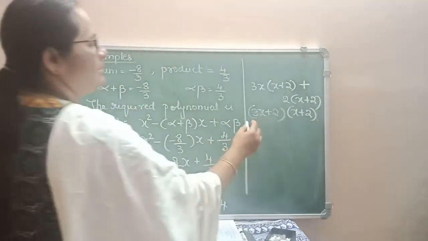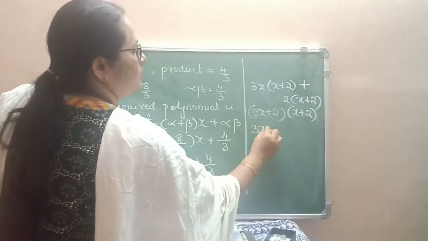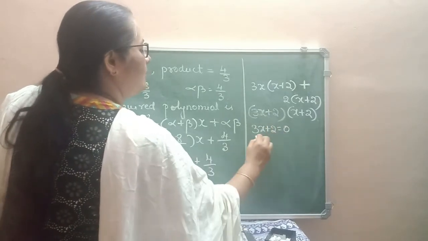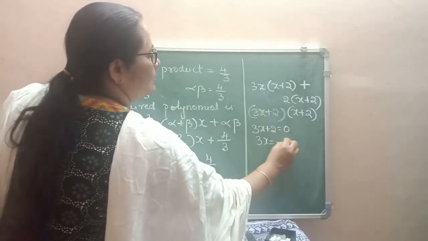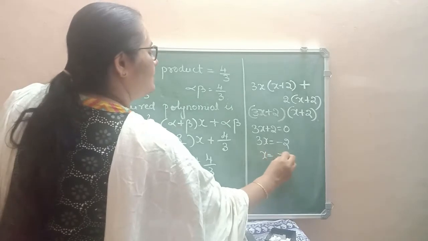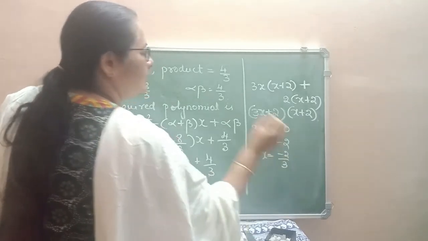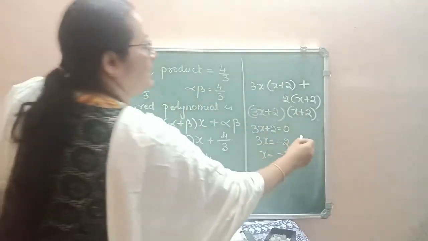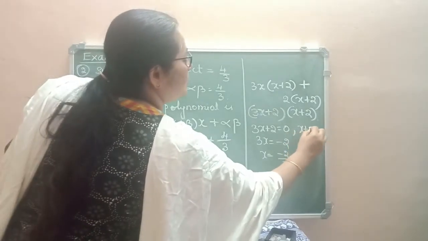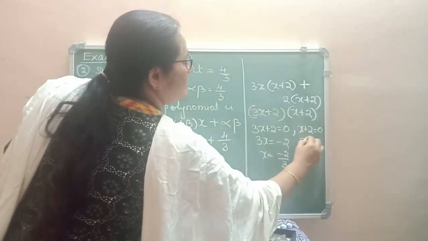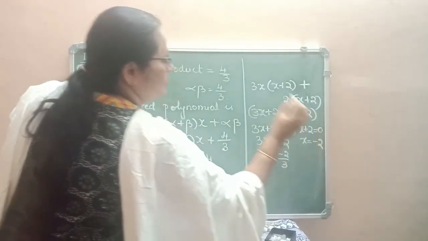So the zeros are: 3x plus 2 equals 0, 3x is minus 2, x is minus 2 by 3. The other one is x plus 2 equals 0, x equals minus 2.